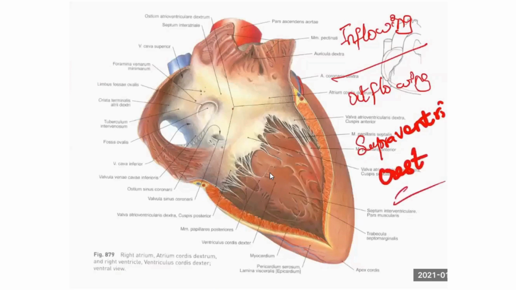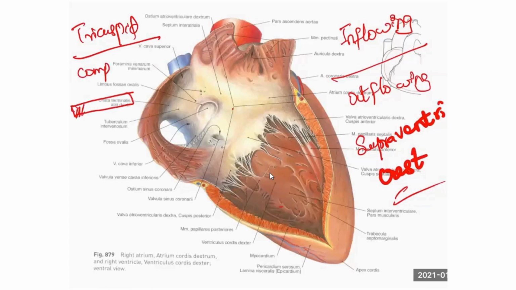What is the valve between right atrium and right ventricle? Tricuspid valve. The components of the valve are a fibrous ring. Attached to the fibrous ring you will have the cusps. Cusps are connected by chordae tendineae. Chordae tendineae are attached to the papillary muscle.